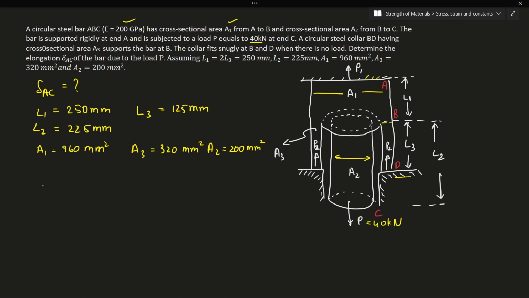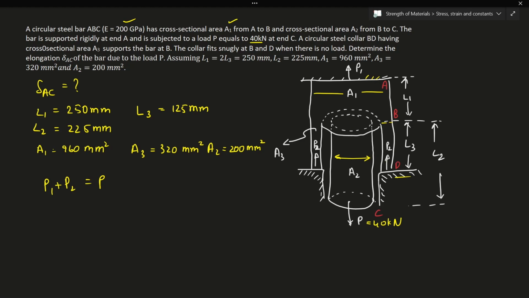Okay, now here first let me apply the static equilibrium. If we apply the static equilibrium, the reactions here that we will be getting are P1 at support A, and at support D we will have another reaction, meaning that P1 plus P2 is equal to P. Note that these two are one and the same. This is a circular collar here, so this will be entirely circular.